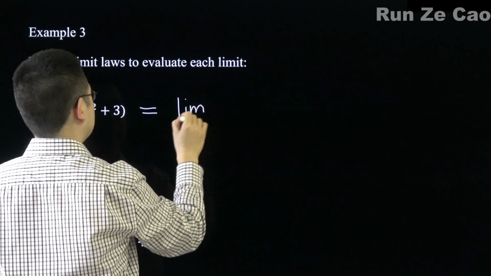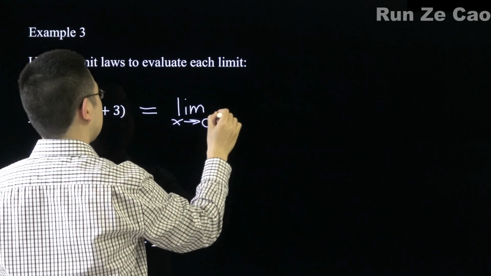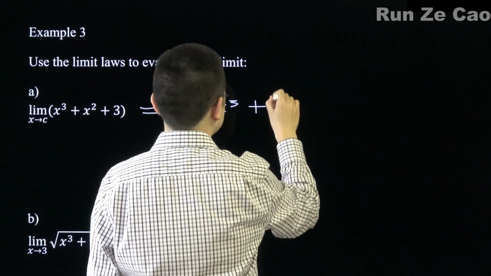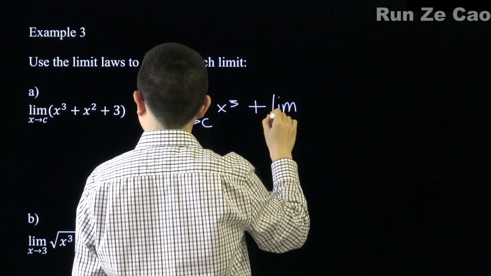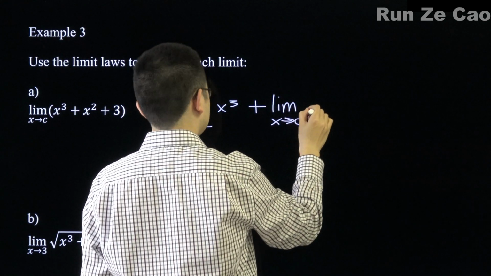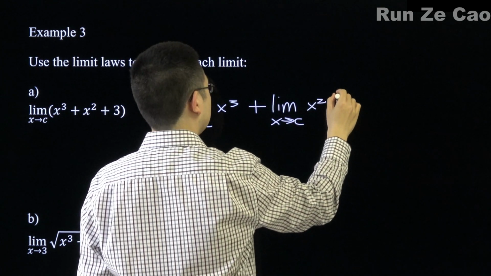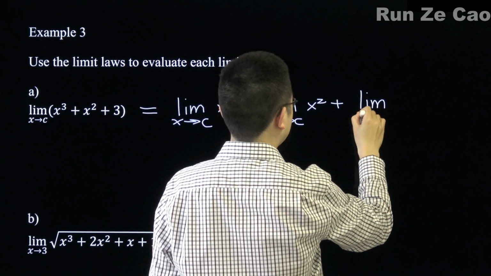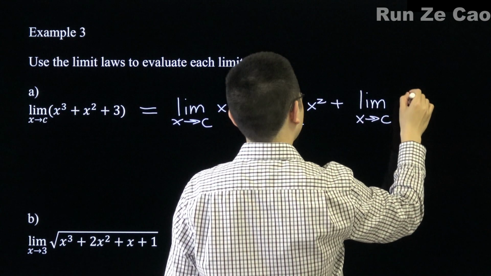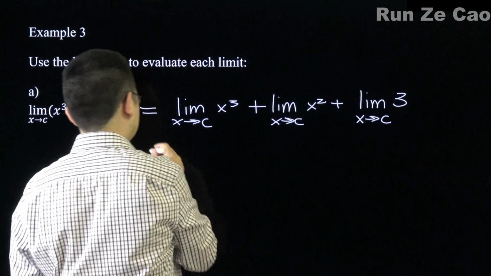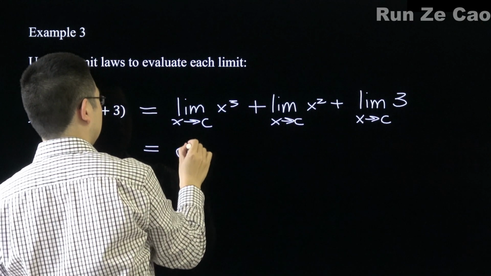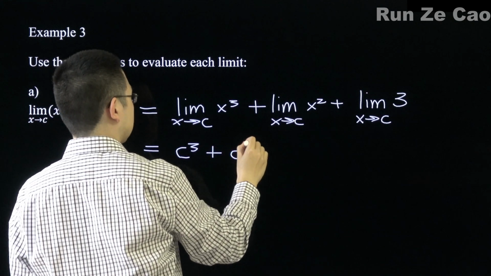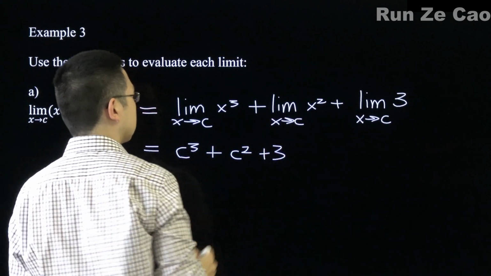Always. So the limit as x approaches c of x to the third plus the limit as x approaches c of x squared plus the limit as x approaches c of 3. And I think we probably all see where this is going. c cubed plus c squared plus 3.